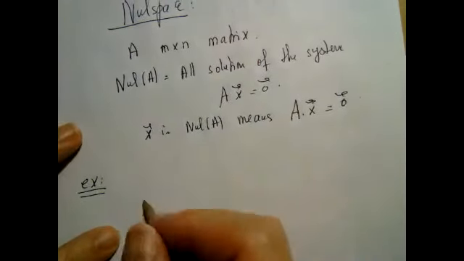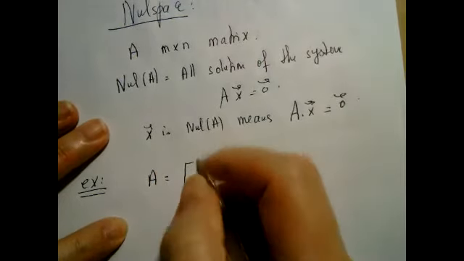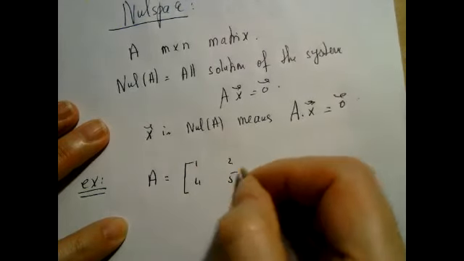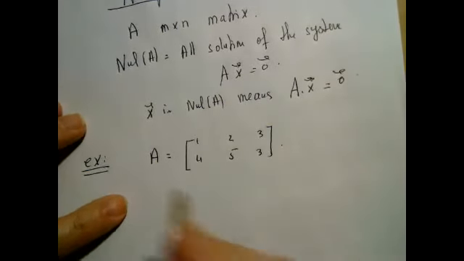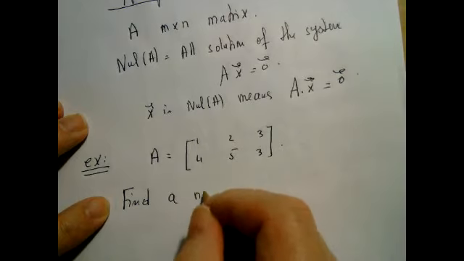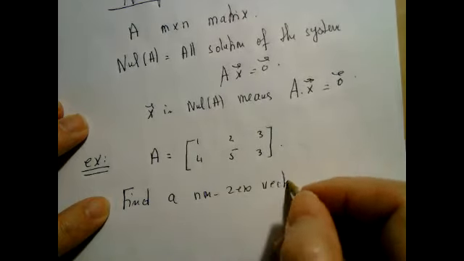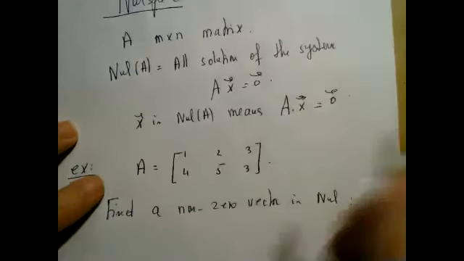So let me take an example. I think I did that before. Suppose I take A to be the following matrix, 3 by 3. And the question is, find a non-zero vector in the null. What does it mean?